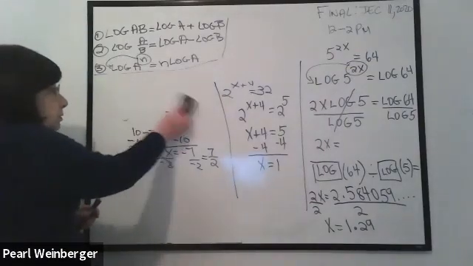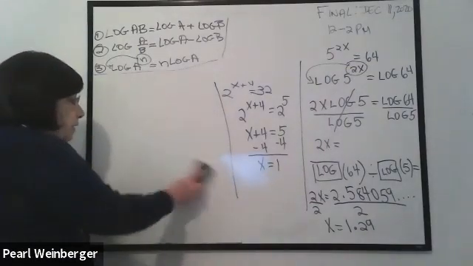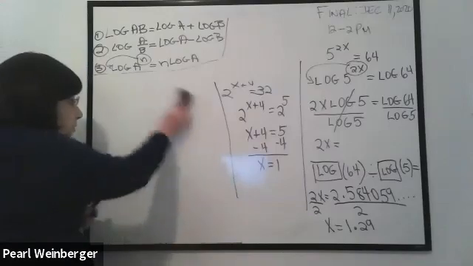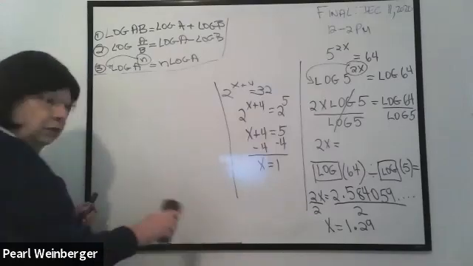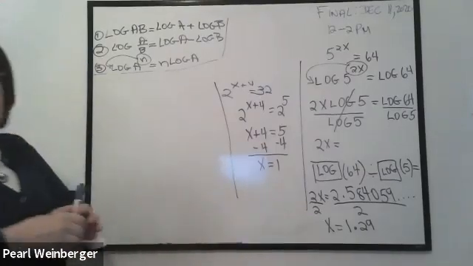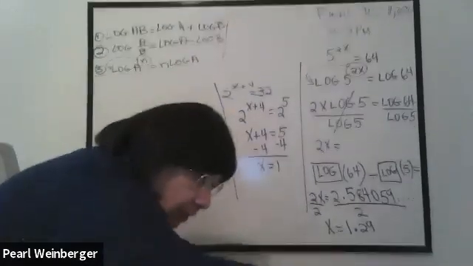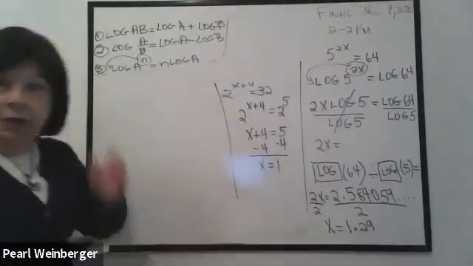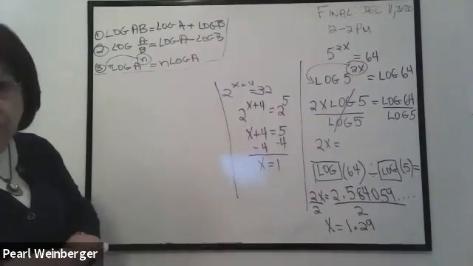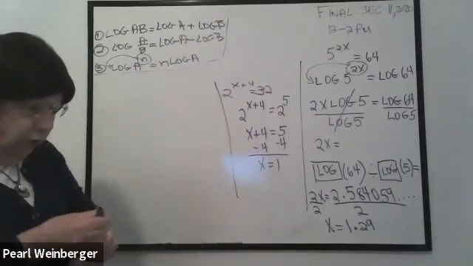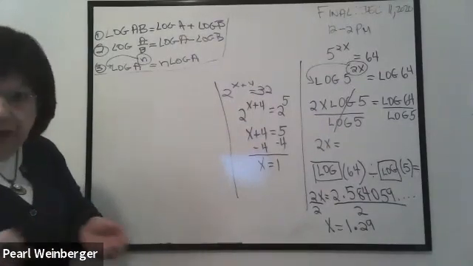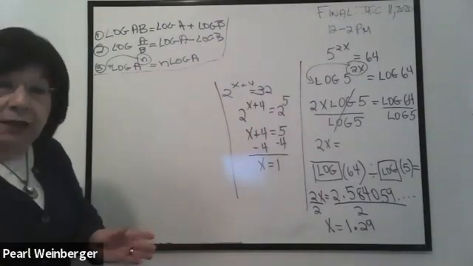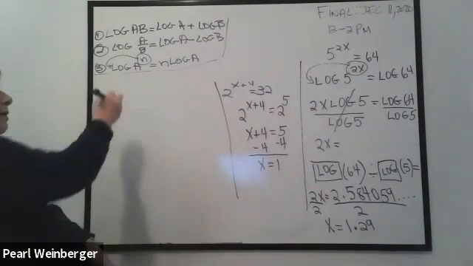Okay, just one final comment. We really have completed the work for the course. I wanted to mention one other thing when you're looking at your calculator, because this is something that's going to be very important when you go on to further math, especially pre-calculus and calculus.